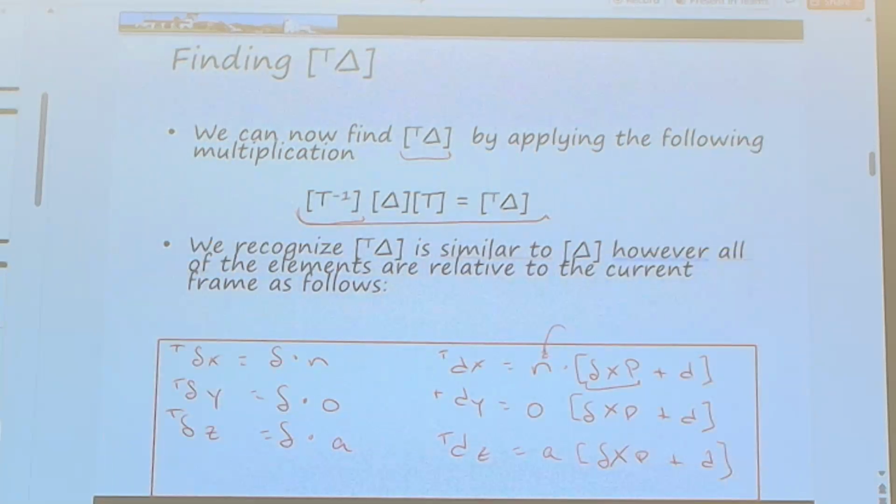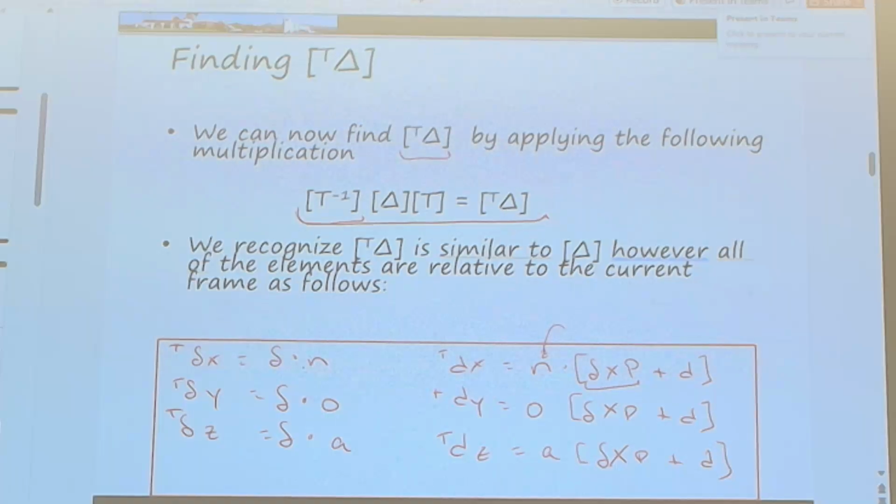Here are our rotations: delta dotted with N, delta dotted with O, delta dotted with A. Here we take the cross product: N dotted with the cross product of delta and P, and then we add in that small delta D. That was the idea there.